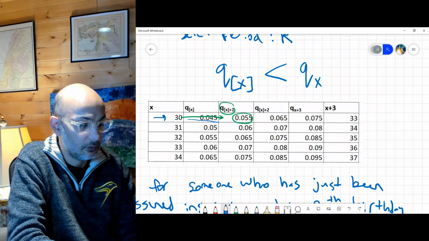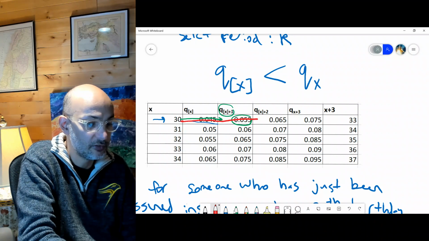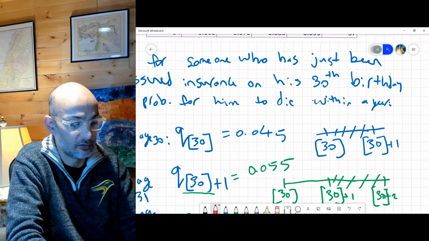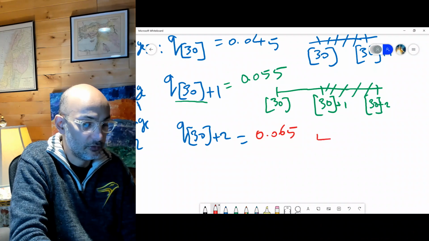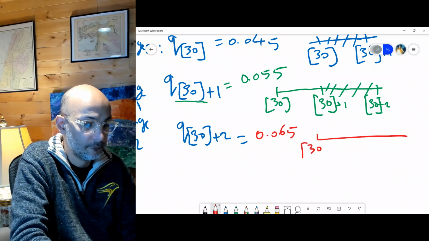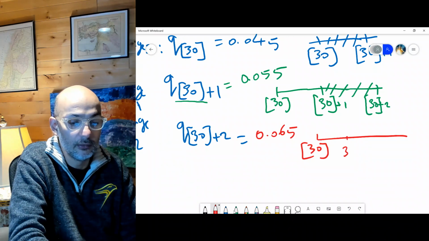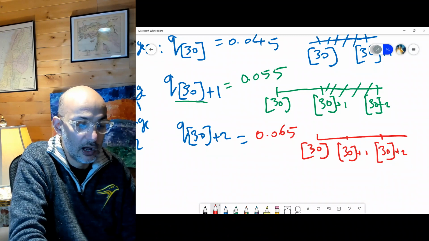Now we follow somebody who at age 30 was issued insurance and now the age is 32, so 0.65. And if you visualize it here, they were issued the insurance at age 30, now 30 plus 1, 30 plus 2. So what's the probability to die here?